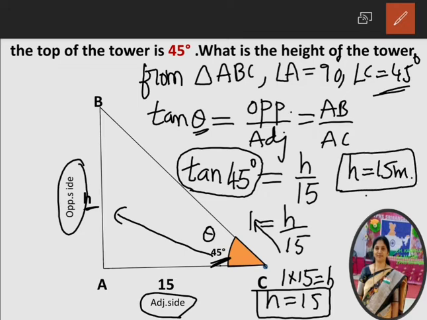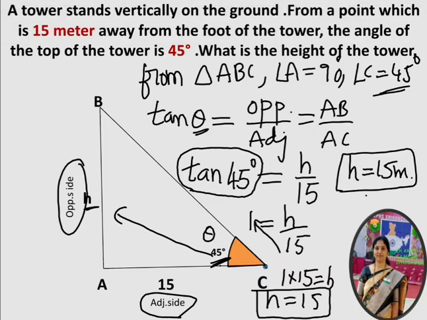So, like this, we have to solve the problems. Just see here. According to the given problem, we draw the diagram like this, and after that, we name the sides. Here we have to find H, and AC is given as 15. So the opposite side we need, the adjacent is given. The opposite adjacent related trigonometric ratio is tan.